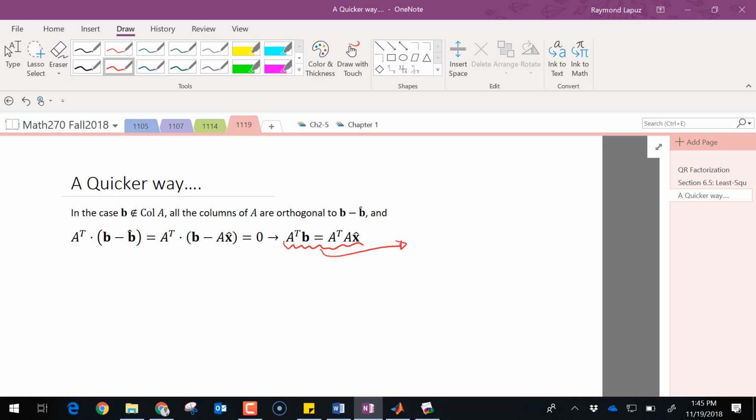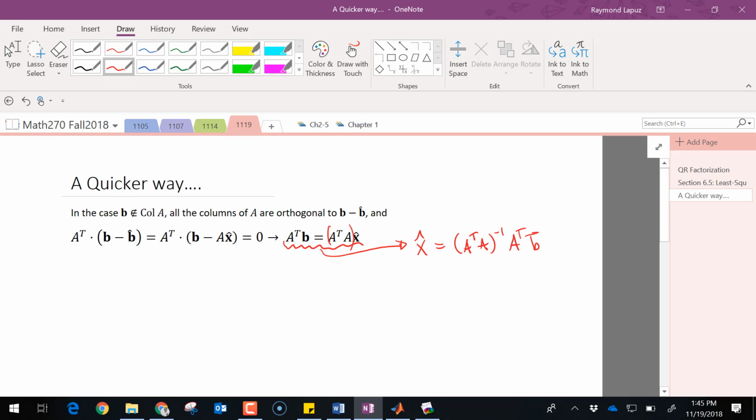So if I solve for this, maybe I could just multiply by the inverse of A transpose A. So X hat is going to be, I need to multiply that on the left side, A transpose A inverse of A transpose times B.